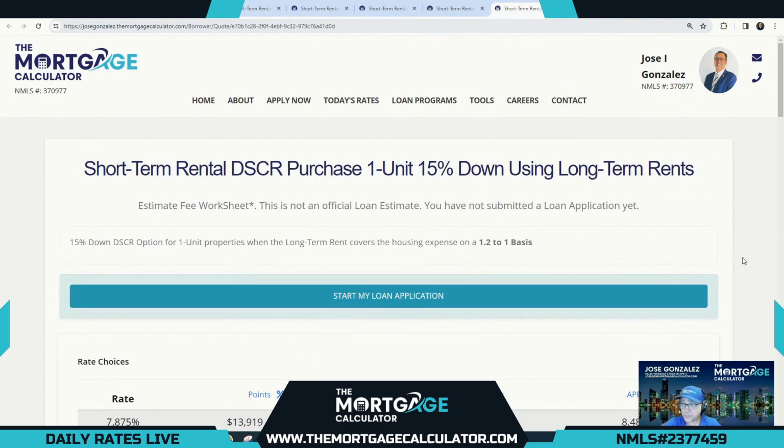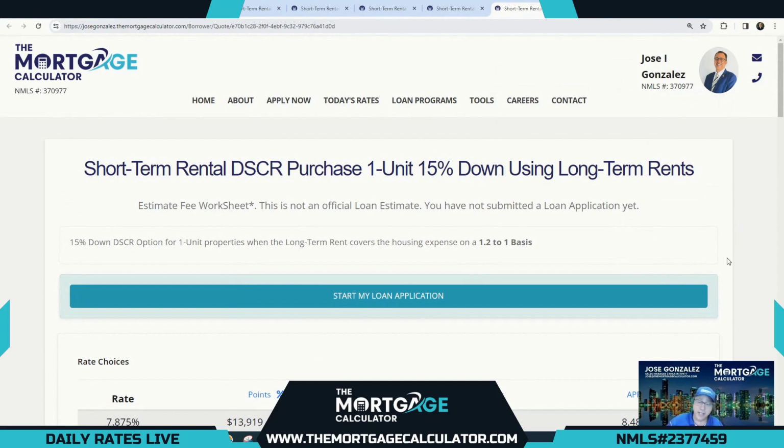So now here is the 15% down. Again, this is the unicorn, but remember, this is a purchase, and this option is for one unit properties when the long-term rent covers. In other words, you don't have to go in there if you're buying the property and say, hey, I'm going to use this as a short-term rental property, and I want to use short-term rents to qualify the property.